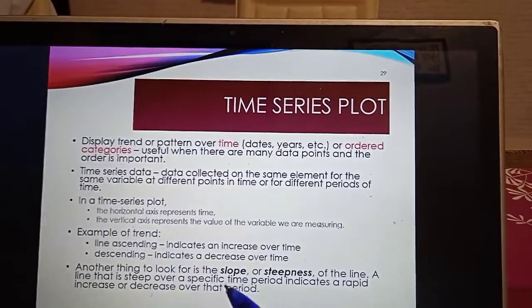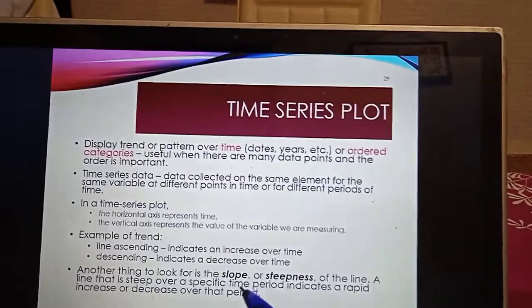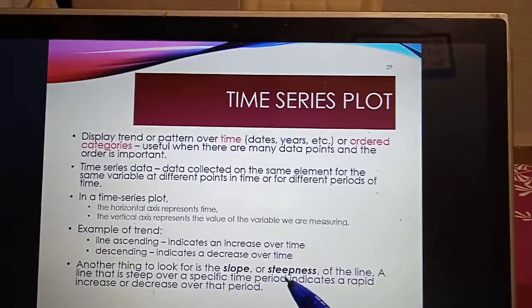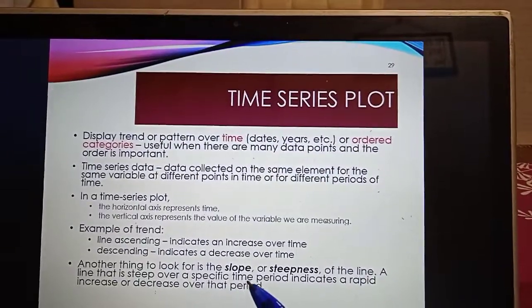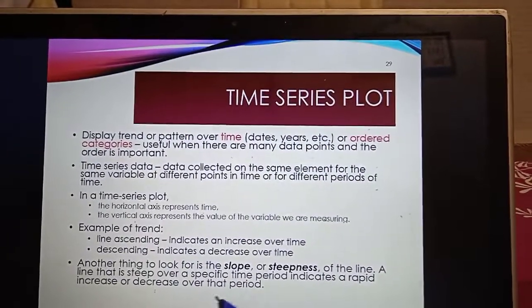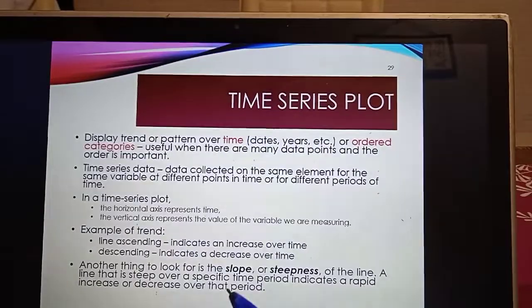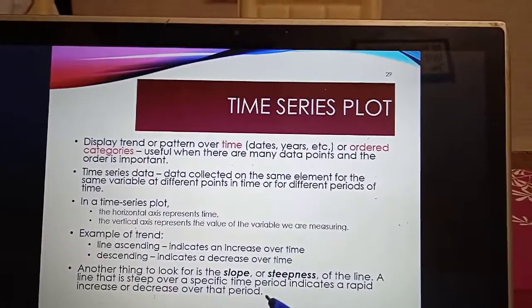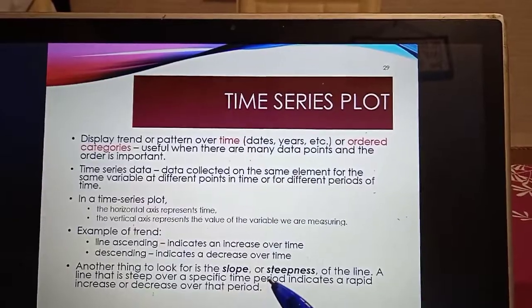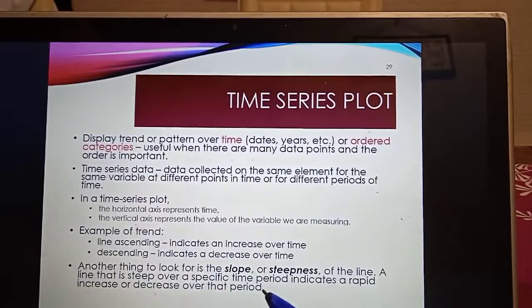If positive, it indicates an increasing trend. If negative, it indicates a decreasing trend. A line that is steep over a specific time period indicates a rapid increase or decrease over time. So we want to see rapid change over a period of time for the data we observe. We look at the slope.